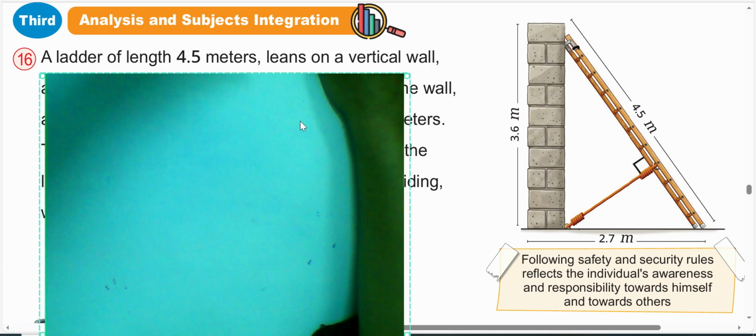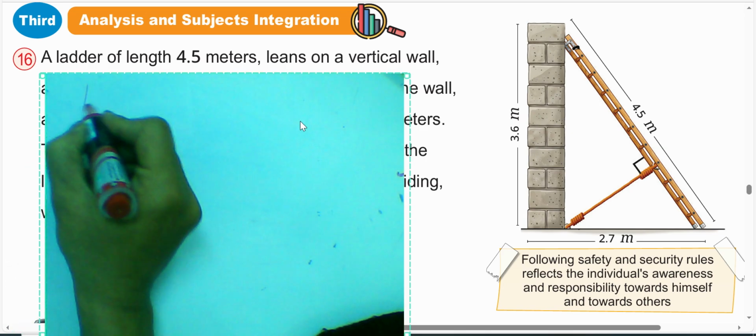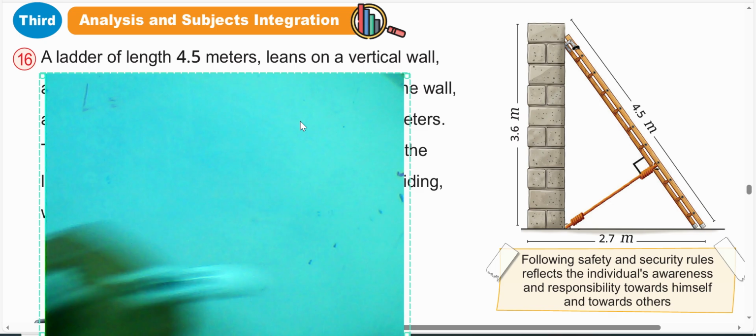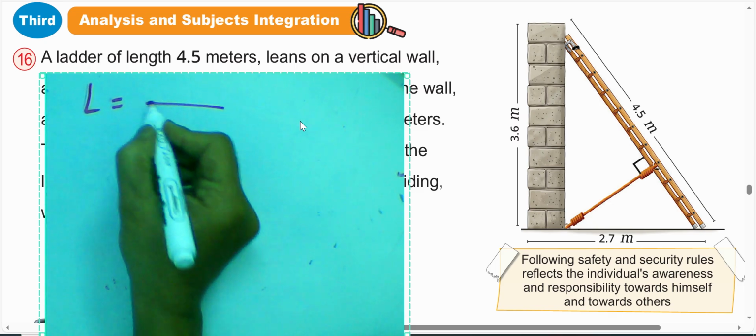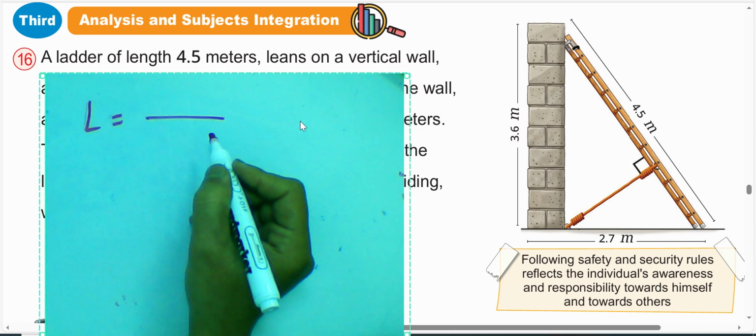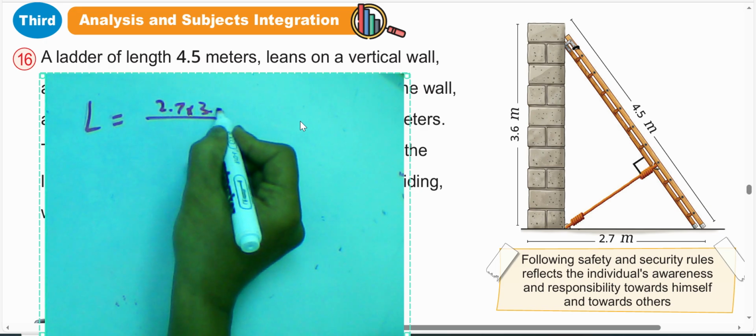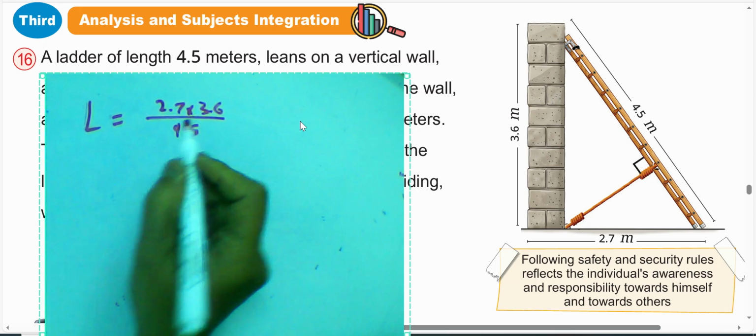We can find the length of the rope from Euclid's theorem. The length of the rope equals the product between the two sides of the right angle triangle, 2.7 product by 3.6, over the hypotenuse 4.5.